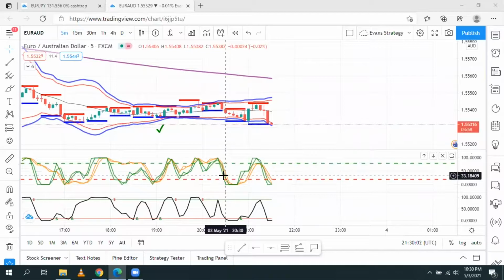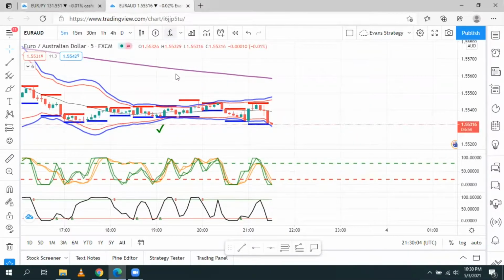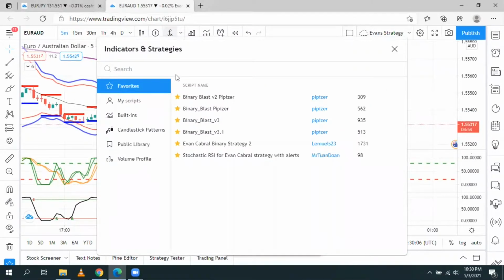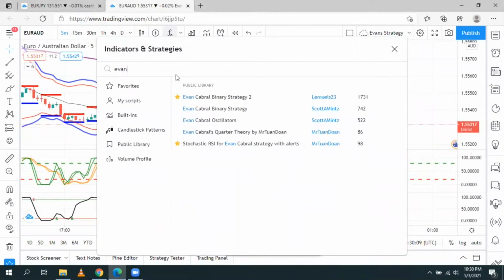indicator. So if you come here and you type Evans, right? This oscillator that you're seeing here consists of this stochastic RSI for Evans Cabral Strategy plus the DMI. The 3 are in here. So are we together?